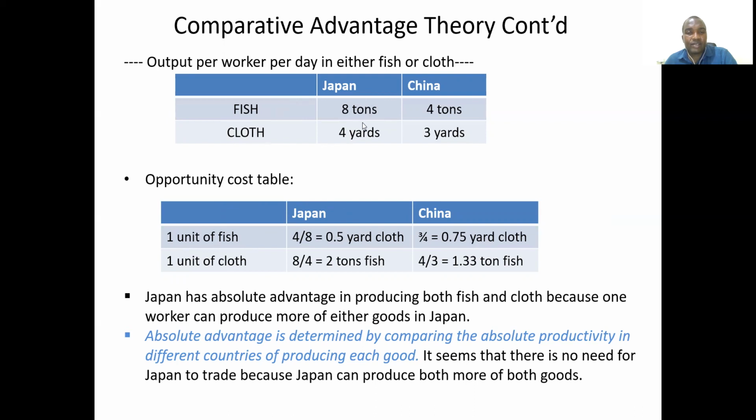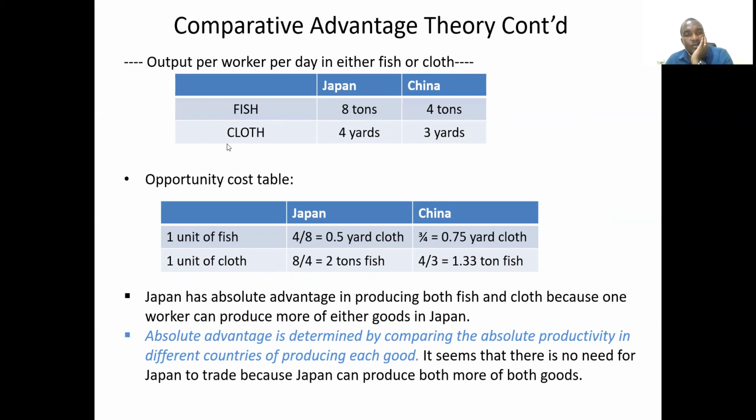And then you divide exhaustively. 8 into 4, it can't, 0, and then point. 8 into 40 is 5. So we see that 1 unit of fish has an opportunity cost of half a yard of cloth in Japan.